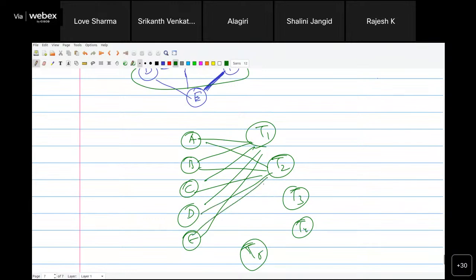So the graph will be like this. Every right side vertex will be connected to every left side vertex. So this will be very complicated. The number of edges will be very many. So it will be like 5 factorial.